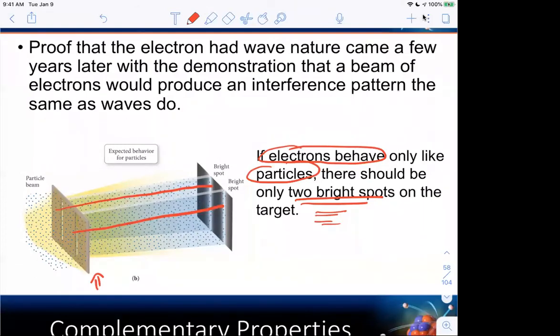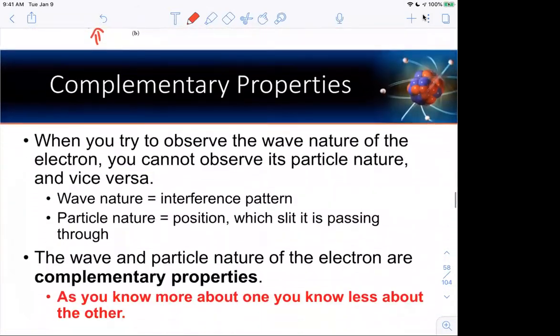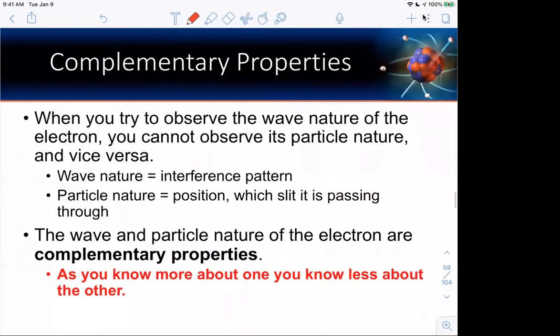So remember in the beginning when I said the act of observing actually changes the behavior? This is what we see with electrons. When I try to observe the wave nature, I can't observe its particle nature. When I try to observe its particle nature, I can't observe its wave nature.